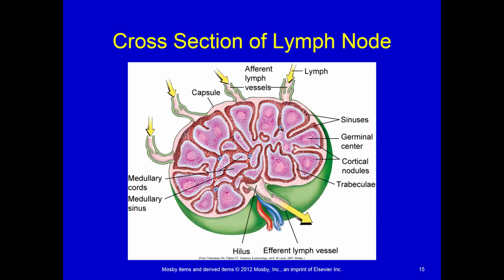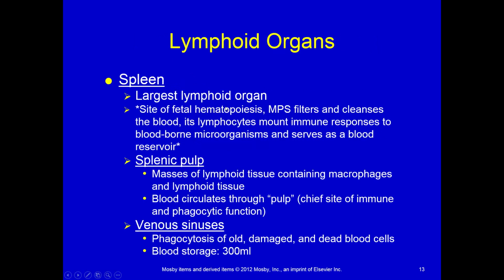And again, this is a picture of a lymph node, so I don't want to confuse you, but the structure is very similar to that of the spleen as well. And in these sinuses in the spleen, you can actually hold up to about 300 mLs of blood. So again, think about if you have some sort of damage to the spleen, how much blood you're losing right there, how much blood you're at risk of hemorrhaging out.